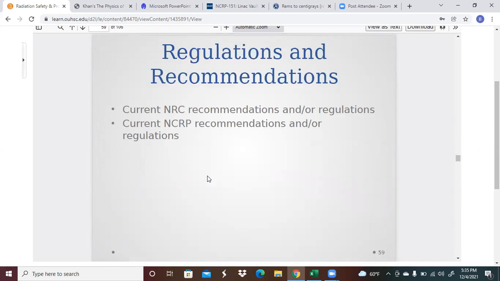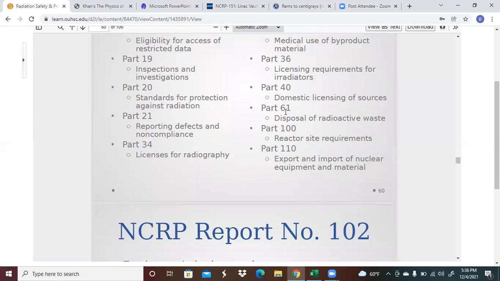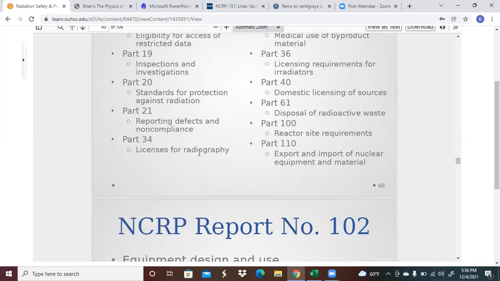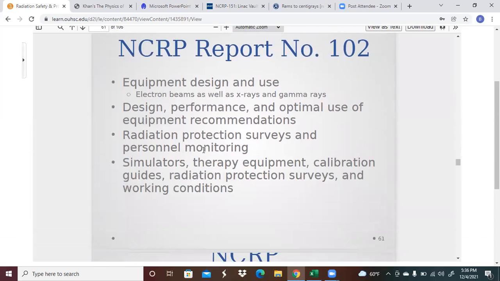So regulations and recommendations. The NRC, we've got recommendations and regulations there, and current NCRP recommendations and or regulations as well. We have a whole list here of parts that go over different types of materials or activities that need to be regulated. You probably never even thought about all of that, but that's where they are.